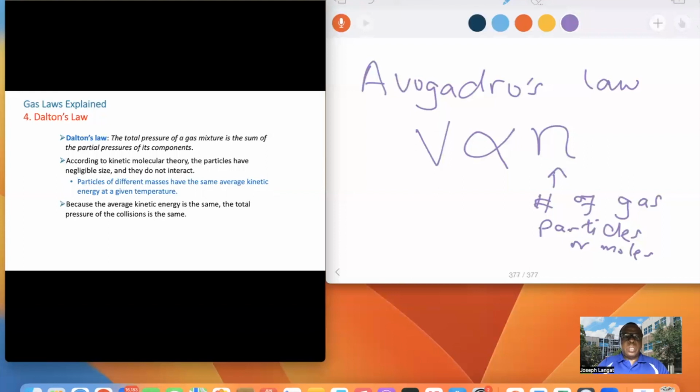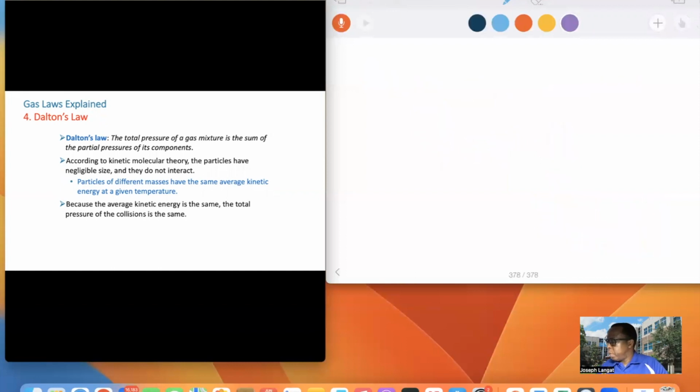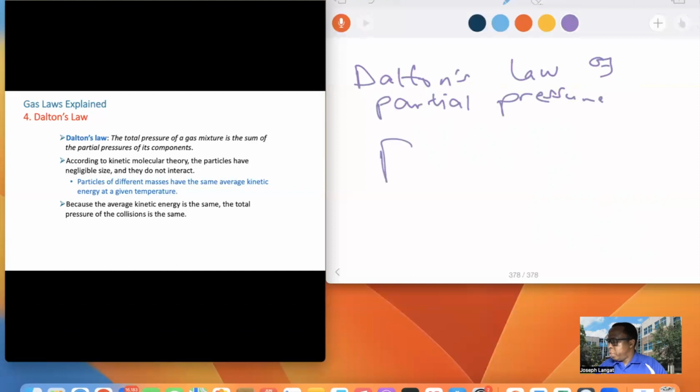Now, Dalton's law of partial pressure states that the total pressure of a gas mixture is the sum of the partial pressures of the individual components. Assume this is P total.